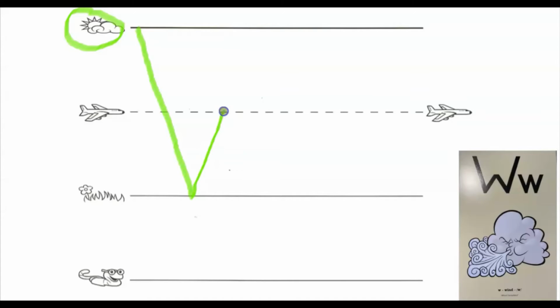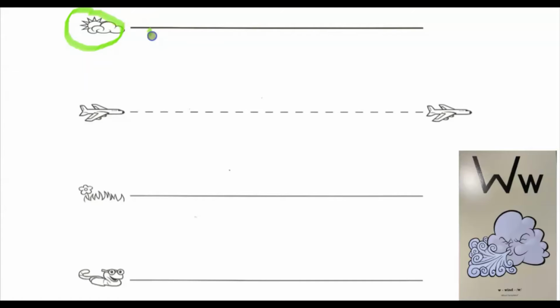We want another point. Then we're going to slide down from the plane line to the grass line. We want another point, and we're going to slide back up to the skyline. All right, we're going to do one more. Here we go.